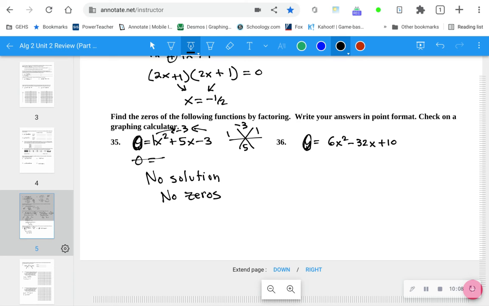So the next thing I'm going to do here is maybe try the next one here. Let's see what we get. Hopefully a little better luck on this one. And so I'll put 6 on the, oh, there's a common factor I forgot to take out. Okay, pull out 2. So that gives you 3x squared minus 16x plus 5.